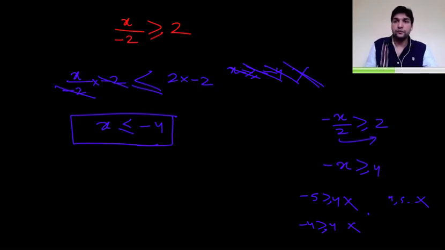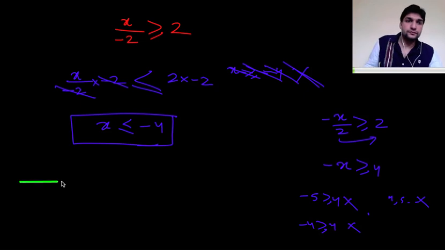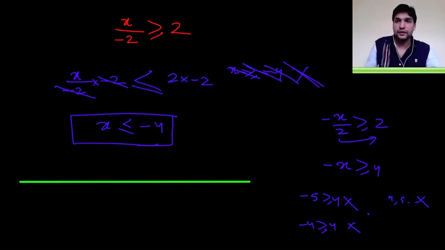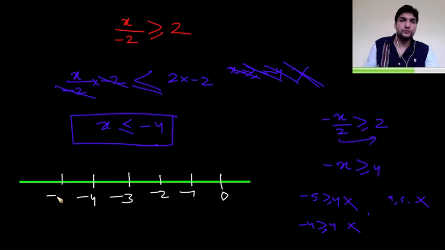Okay, and if we draw the number line, then we can see better. This will be 0, and this will be -1, this will be -2, this will be -3, this will be -4, this will be -5, so on to -infinity. And now I will start with -4 here.